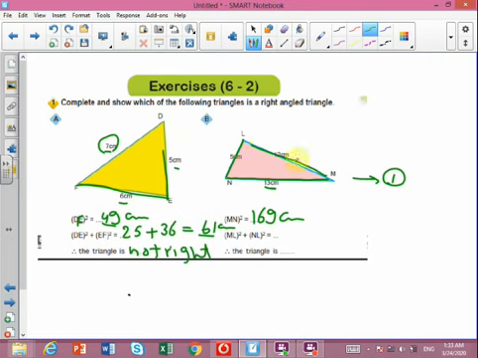If the sum of the squares of the other two sides equals 169, the triangle is right. ML square equals 144, which is 12 square. 5 square, 25. When adding, it will give you 169 centimeter. So the sum of the other two sides' squares equals the longest side square. So the triangle is a right angle triangle.